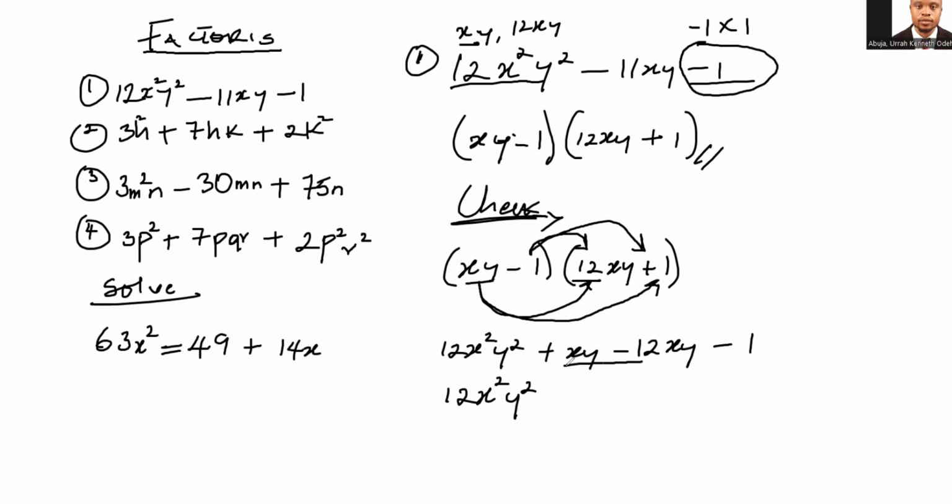Now, the middle here, we have minus 12xy plus xy, so that means we have xy in 12 places. If you take 1 out of it, we have 11 of them. So this is smaller than this, so this gives us a negative sign. This is minus 11xy and minus 1. So you can see that what we did here is 100% correct. So this is the trick for the first question.